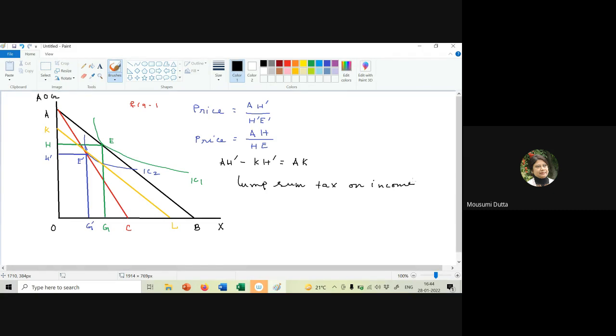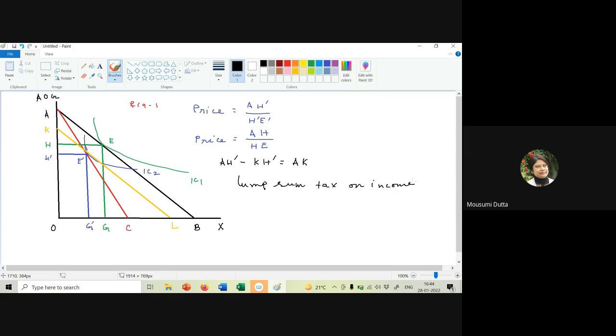Actually, via the price mechanism, I am not considering this. Directly, the employer is cutting some income and sending it to the government in the form of tax revenue. Suppose I am replacing this kind of indirect tax, that is, tax on prices of the commodity.